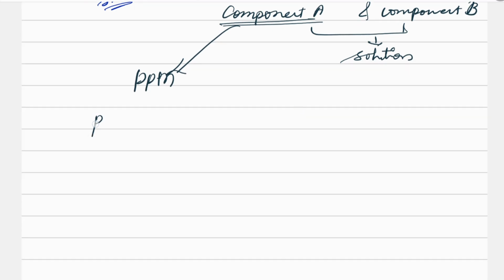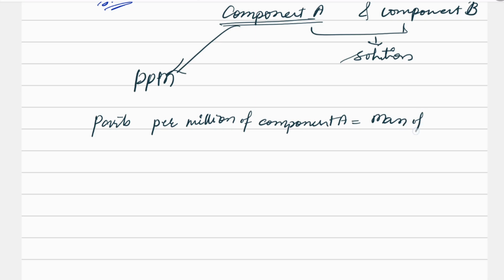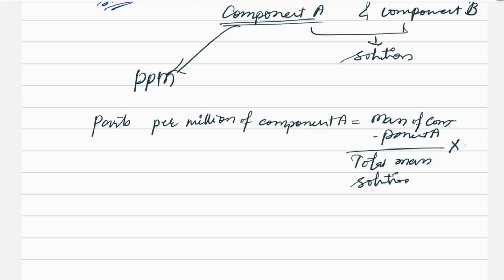So parts per million of component A is equal to the mass of component A divided by the total mass of solution, whatever solution you have been given, multiplied by 10 raised to power 6. This becomes parts per million.